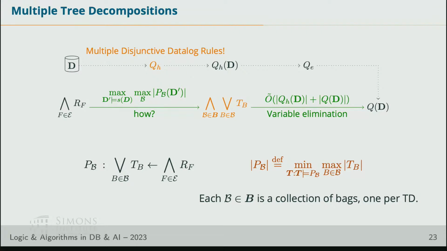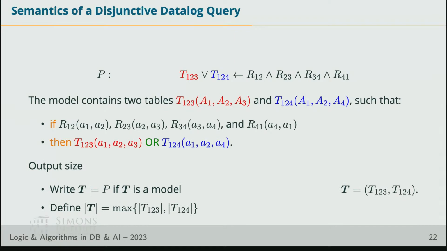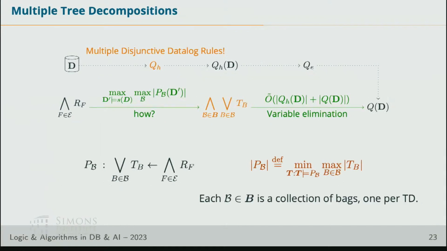Where we now can solve each of these rules separately. So this is a disjunctive datalog rule, so that's this guy. That's exactly this guy right here, right? Except that we are ranging this over a humongous collection of rules. But this is one of those rules, right?